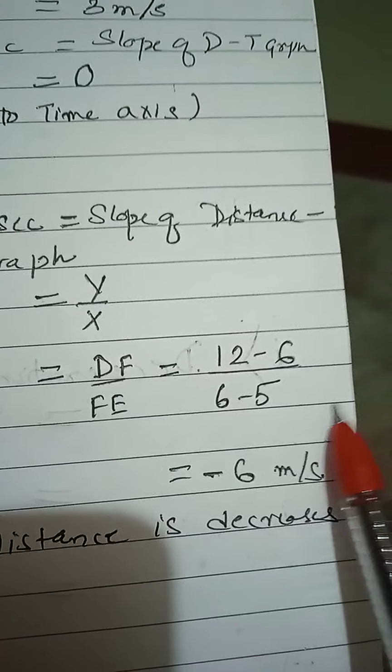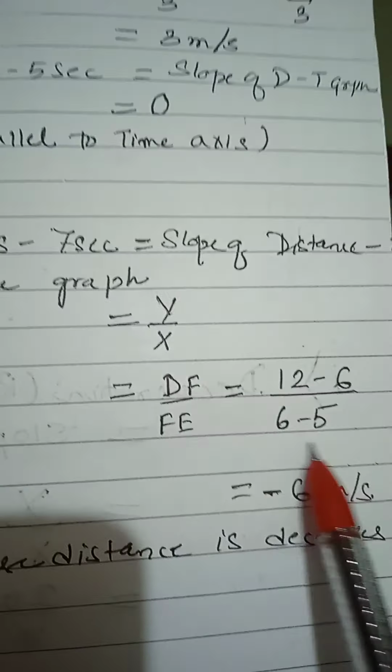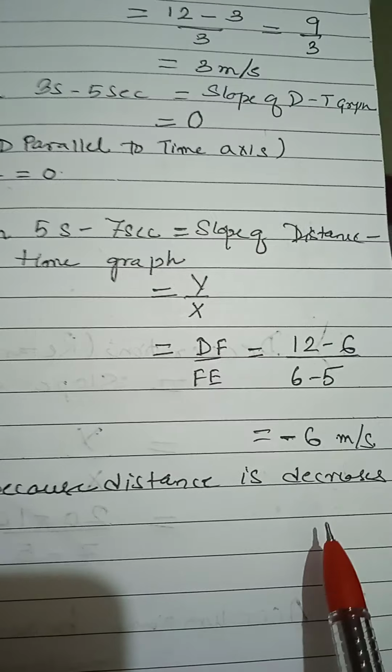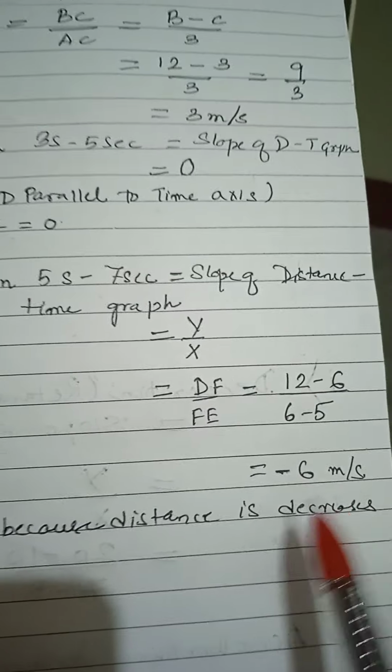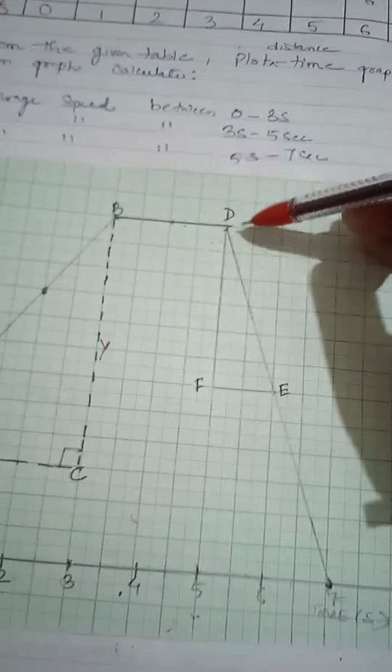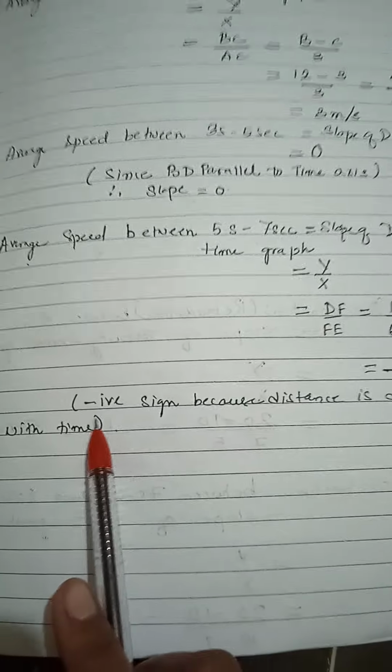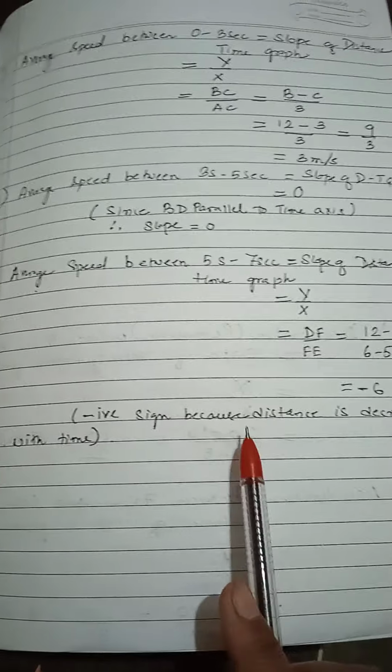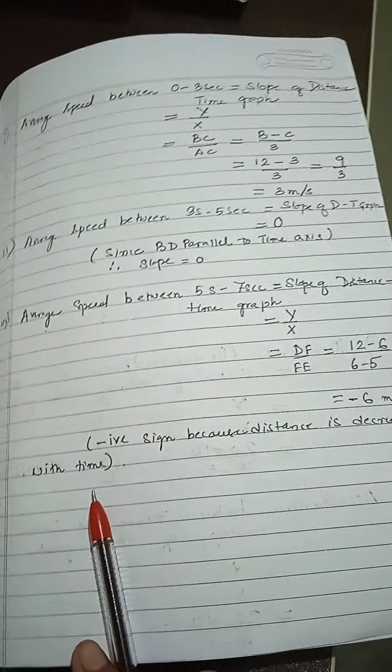So 6 minus 5. So 12 minus 6 over 6 minus 5. Here I can write it as minus 6 meter per second because the speed decreases with time. You can write it this way also, with a negative sign, because the distance decreases with time.